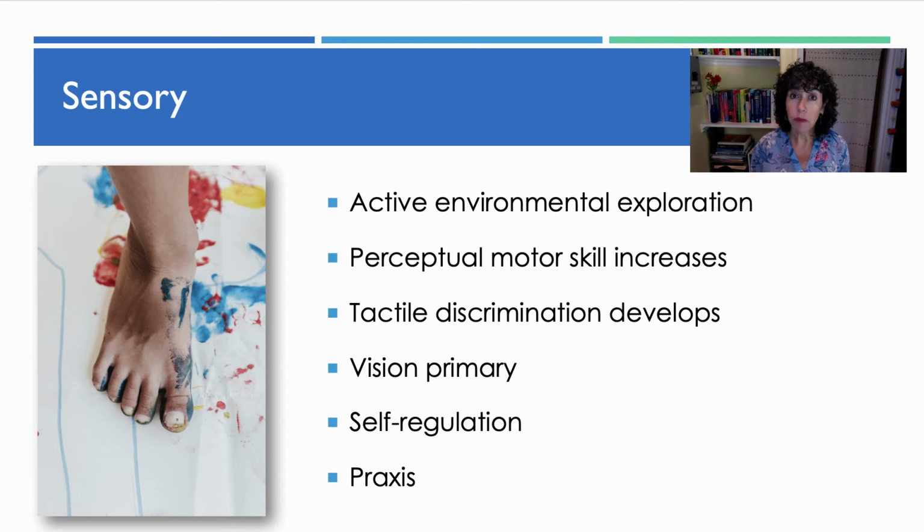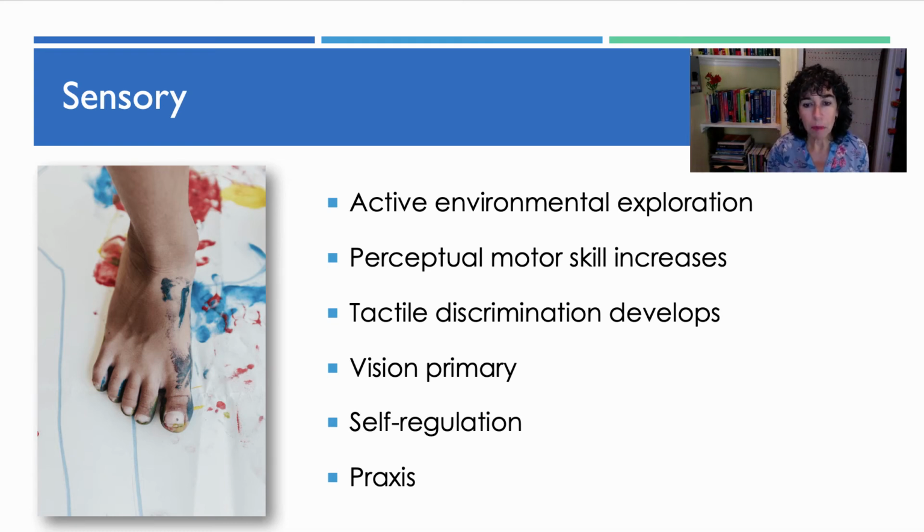The touch system also continues to develop, especially in the area of discriminative touch and haptic perception. So discriminative touch is this fine ability to identify details and to therefore refine precision with motor skill that happens from very fine and precise tactile ability.